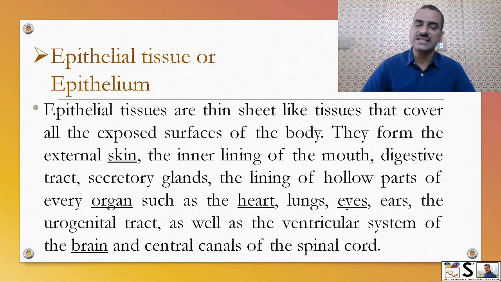They form the external skin and inner lining of all the oral cavities and other cavities, also the digestive tract, secretory glands, the lining of hollow parts of every organ such as heart, lungs, eyes, ear, urogenital tract, as well as the ventricular system of the brain and the central spinal canal of the spinal cord.